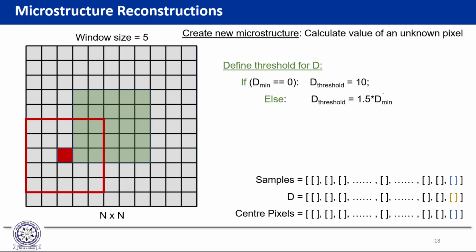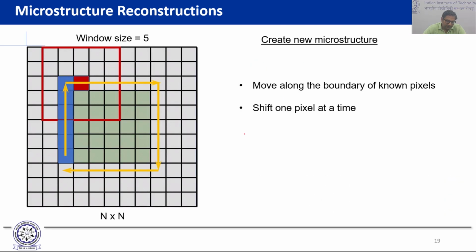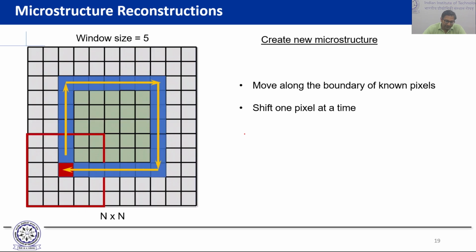So this is something that we can decide as we are trying to reconstruct the microstructure. And what this is going to do is force the intensity values of the pixel within a certain range. And then, as I said, you will simply go ahead and translate this neighborhood all around your initial seed, and you will go ahead and do it for the entire image that you are trying to reconstruct.